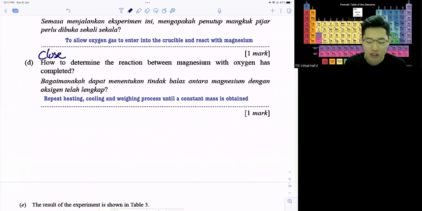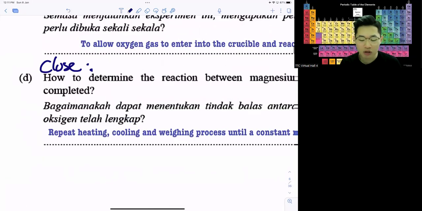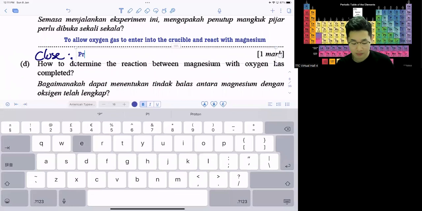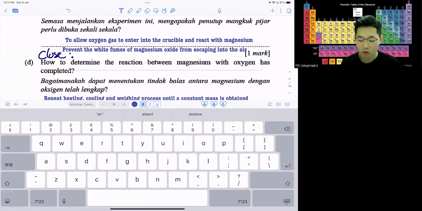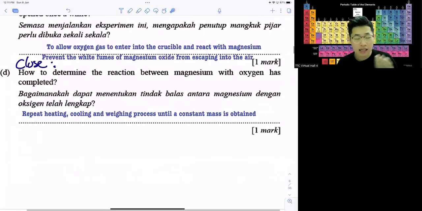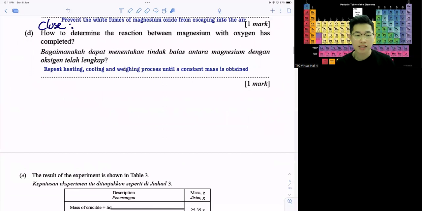We close it because we want to prevent the white fumes of magnesium oxide from escaping into the air. We want to avoid the white smoke from burning escaping, because if it escapes, the mass will be affected.